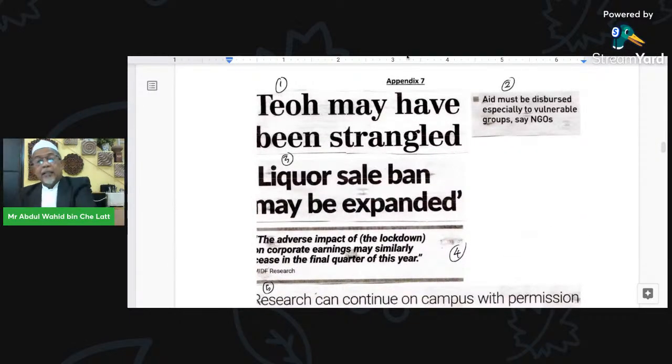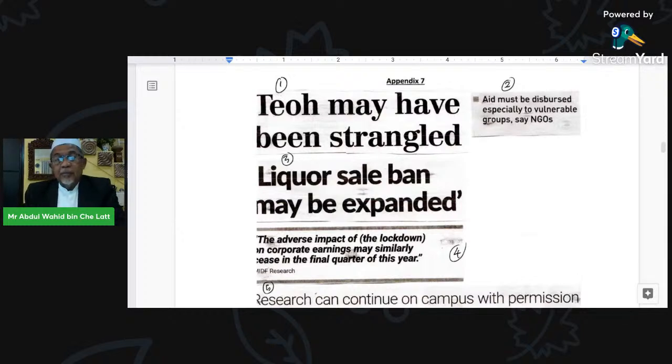Okay, extract 1. Till may have been strangled. May, a modal, plus have perfective, been auxiliary, strangle lexical. So the finite verb starts with may, a modal, therefore it's an argument. Extract 2. Aid must be disbursed.